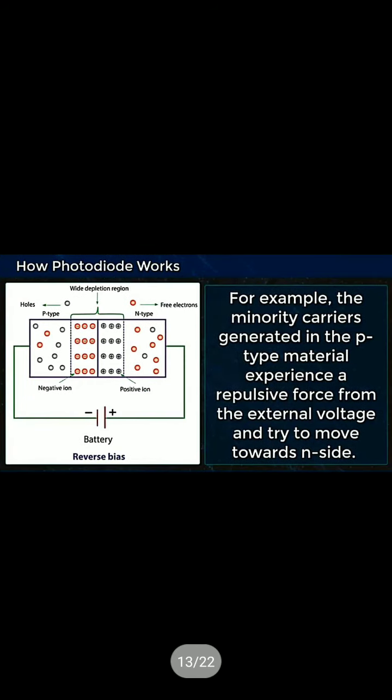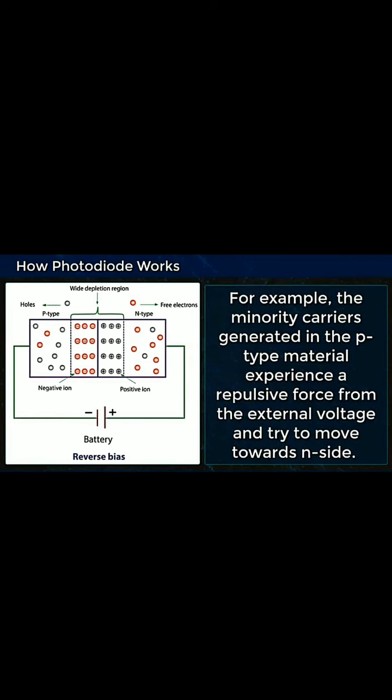So now what happens? For example, the minority carriers generated in the P-type material experience a repulsive force from the external voltage and try to move towards the N side, because this is connected in a reverse bias condition. P side minority carriers are electrons, N side minority carriers are holes.